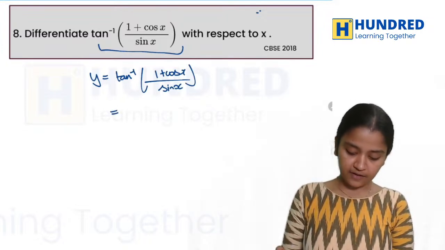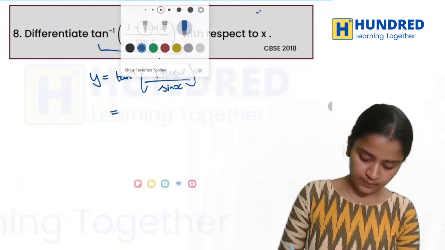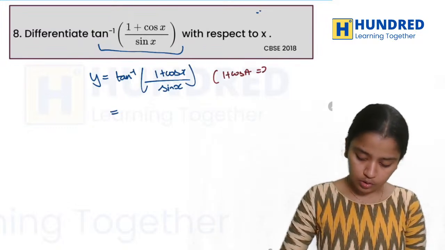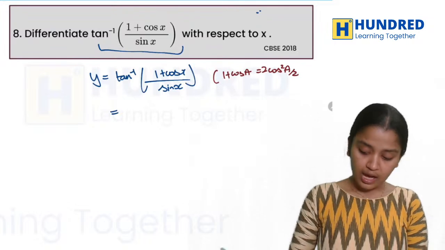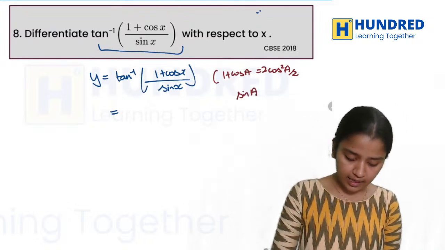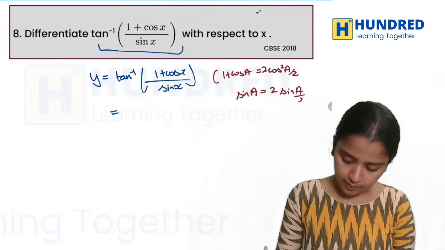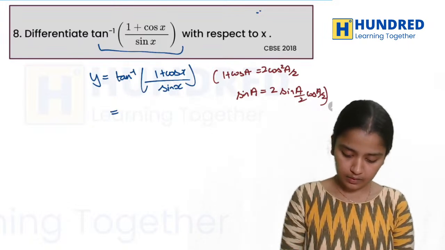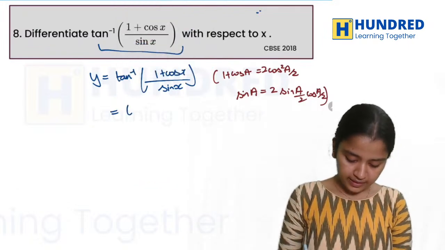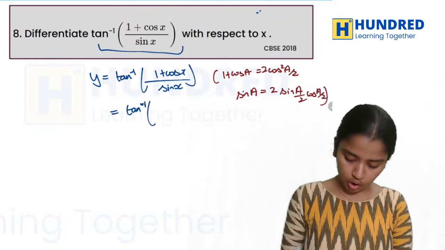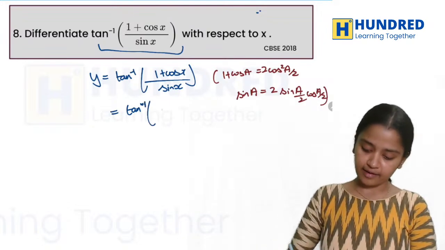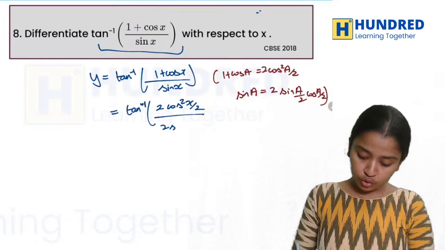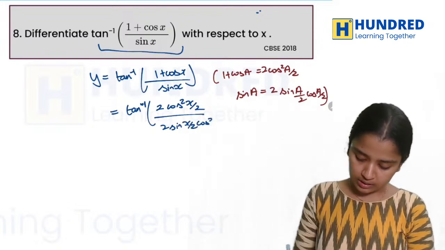Now what will this be? For 1 plus cos x, there is a formula. Let me write the formula. 1 plus cos a is equal to 2 cos square a by 2. Similarly, sin a is equal to 2 sin a by 2 cos a by 2. So tan inverse of (1 plus cos x) by sin x, I can write as 2 cos square x by 2 divided by 2 sin x by 2 cos x by 2.